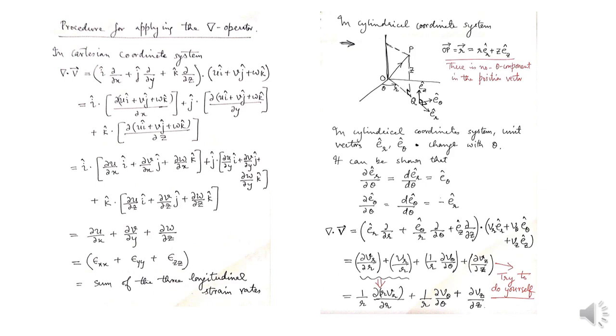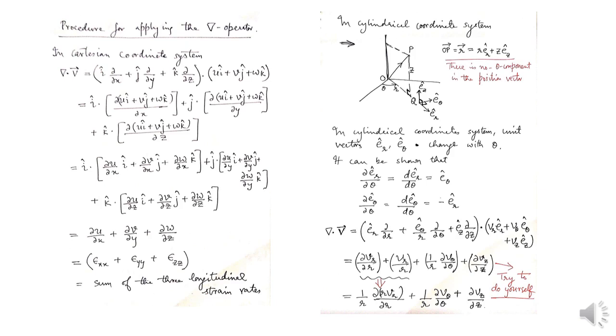Now the main point that I am trying to make here is that this is a coordinate system in which, if you change theta, so if you rotate the plane about the vertical axis, then you will notice that the unit vectors r and theta also rotate with the plane, because as you rotate the plane, the radial direction or OQ, so to speak, changes. Okay, and the radial vector must be directed along OQ.